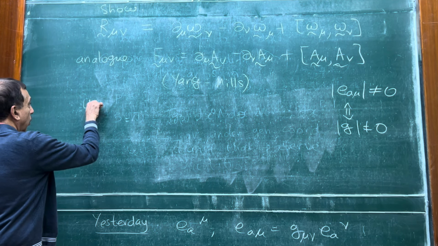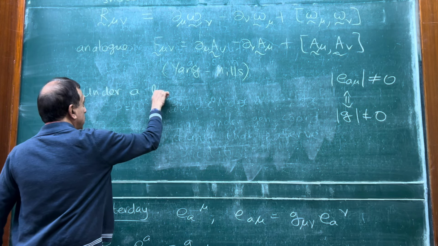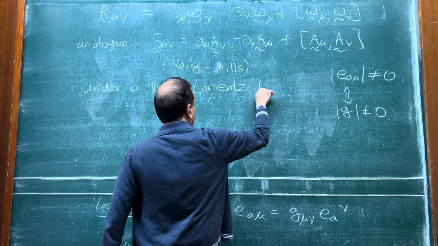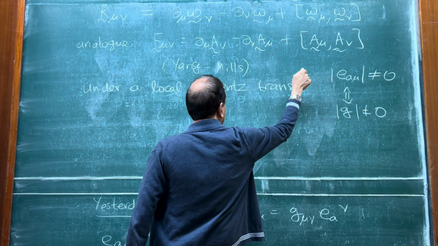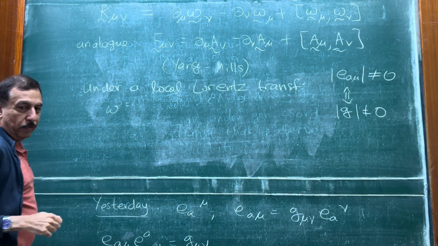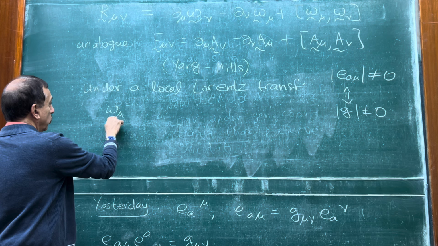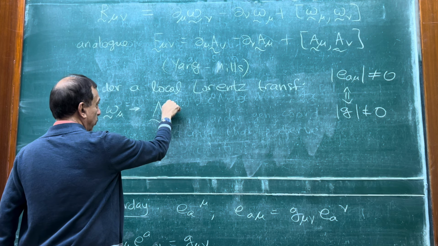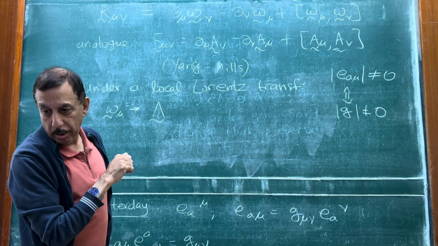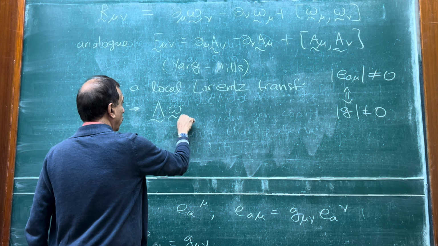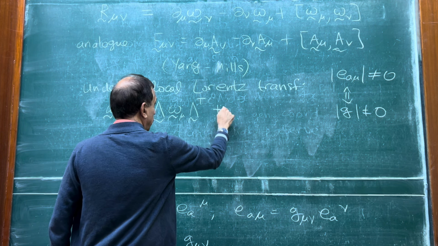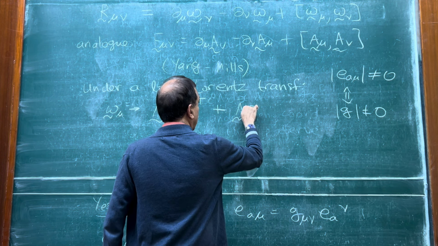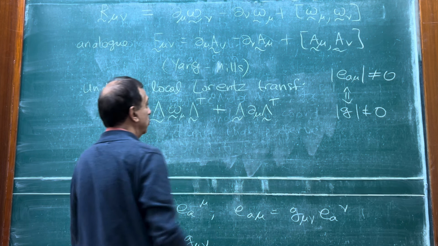Under a local-Lorentz transformation, you won't be surprised to find that omega mu, the matrix, goes to lambda, the matrix of the local-Lorentz transformation, omega mu lambda transpose plus lambda del mu lambda transpose.